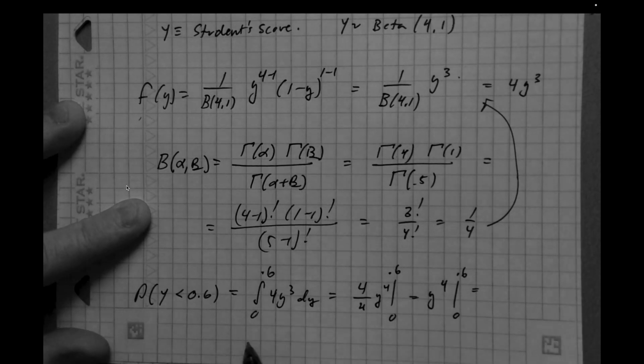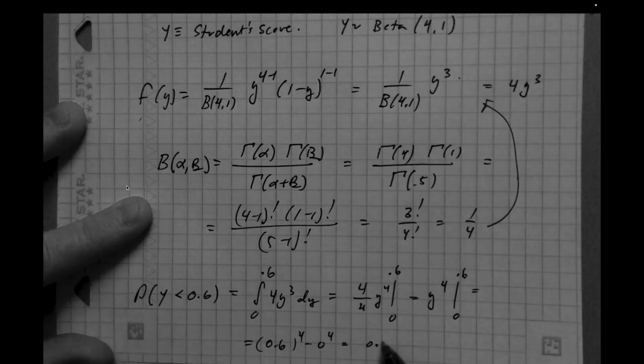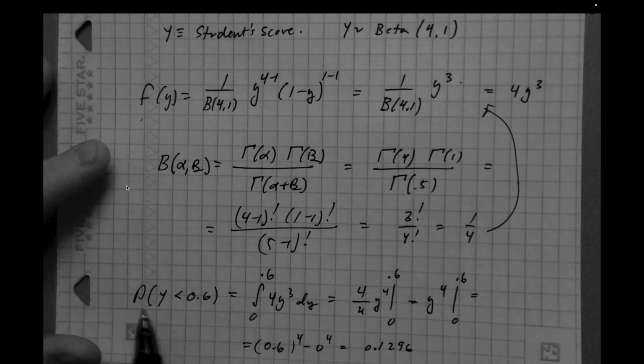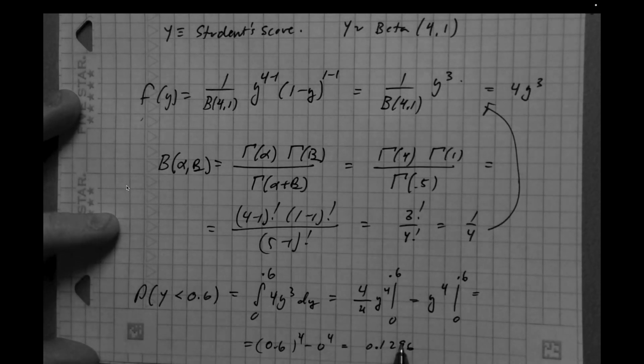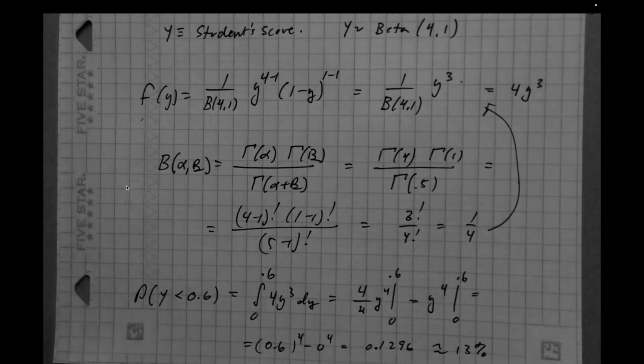And so that is just equal to 0.6 to the 4th power minus 0 to the 4th power. And if you were to crunch those numbers, you would get 0.1296. So the probability that a randomly chosen student scored less than 0.6 is about 13%.